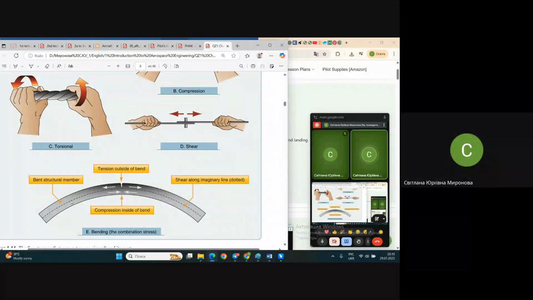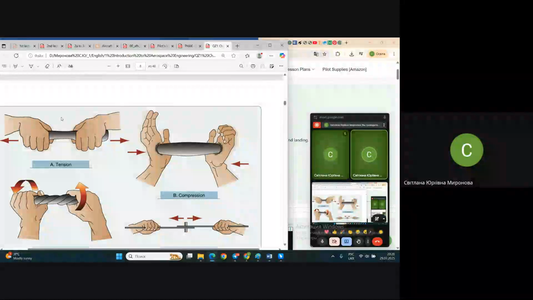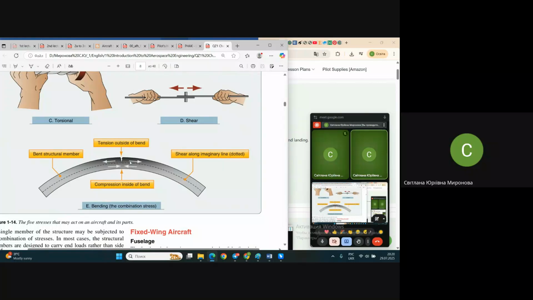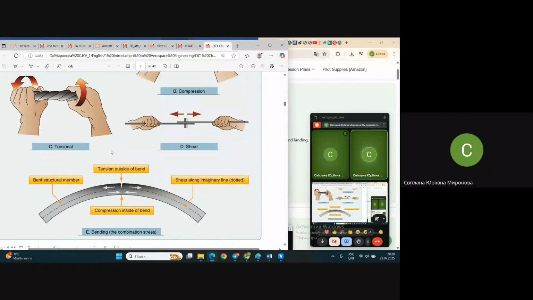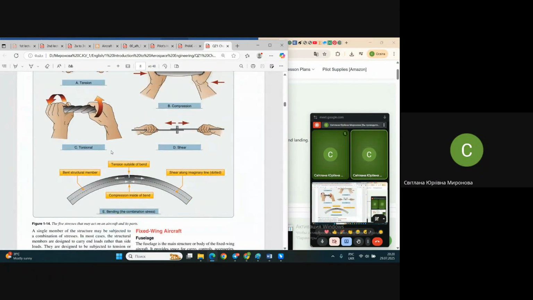It's obvious that they are elongated, and they are under tension loads now. And inner layers of this beam, in contrary, are compressed. They are shortened due to this outer bending, and as a result, they are trying to extend again.